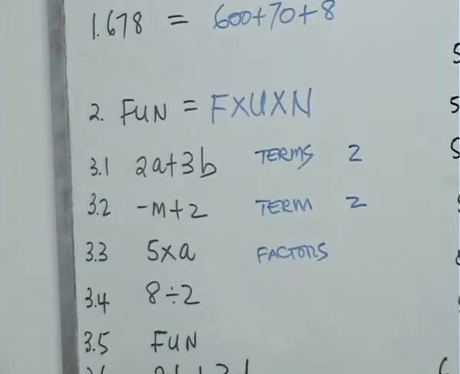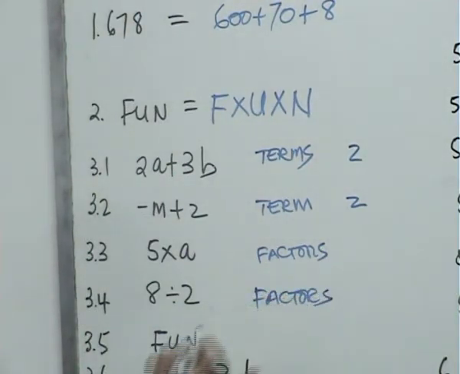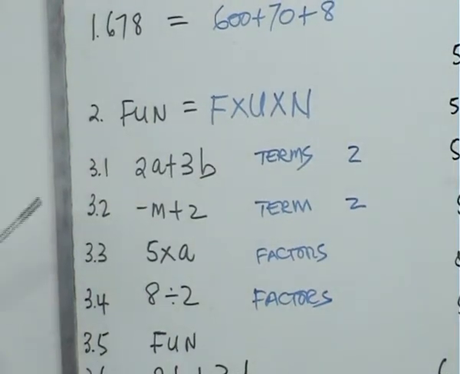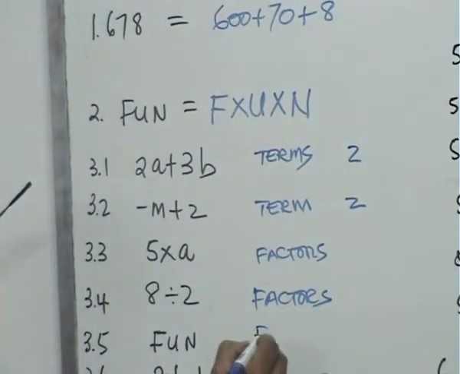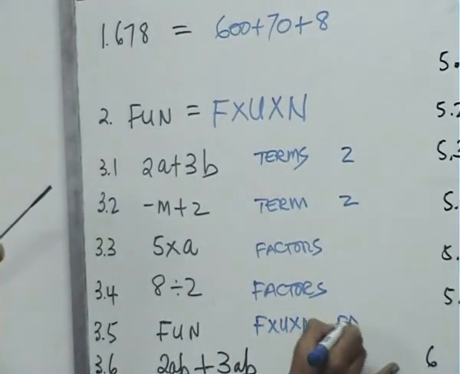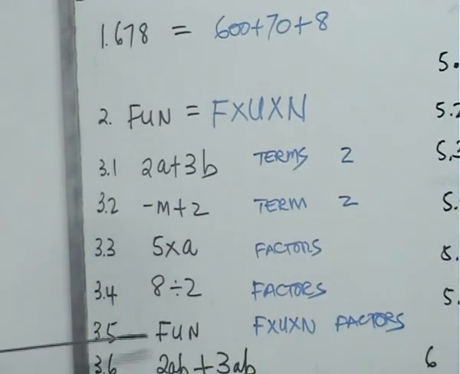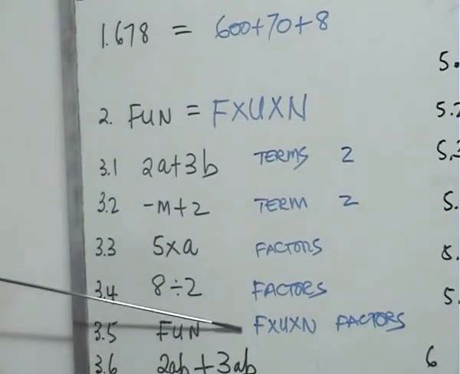And 3.4, it's separated by a division sign. So this is showing factors. Now the word FUN, well, FUN is really F times U times N, and therefore these are factors. You see, you cannot see any signs over here. Well, you put the signs in yourself and then give the answer.